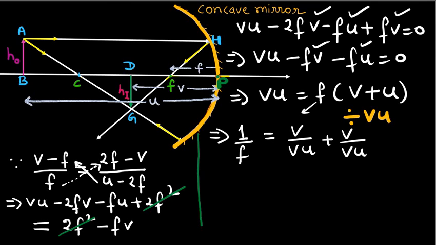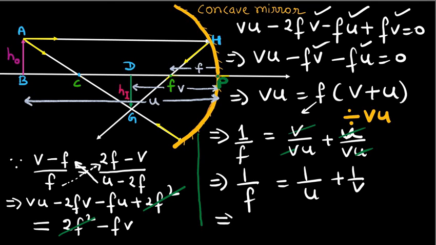Then we see a simple cancellation: V cancels in the first term, and U cancels in the second term, and ultimately we have 1 by F equal to 1 by U plus 1 by V.